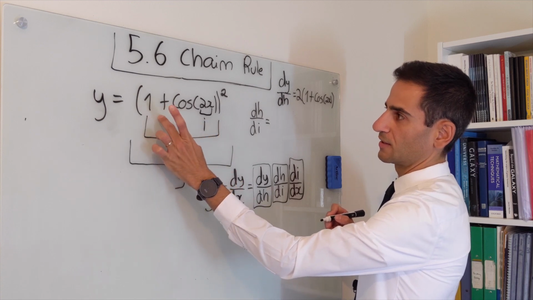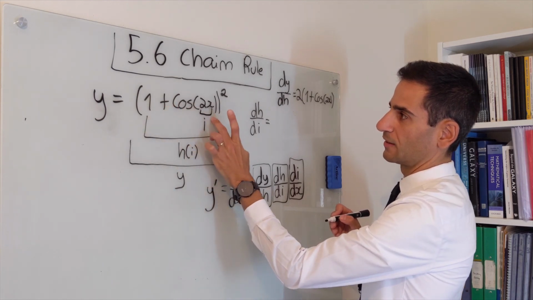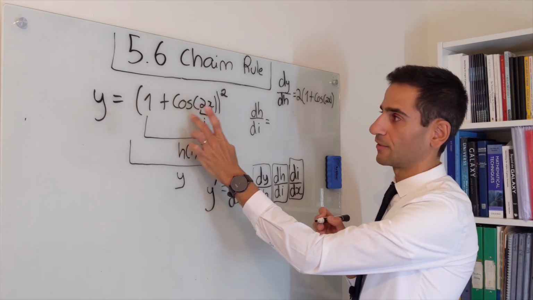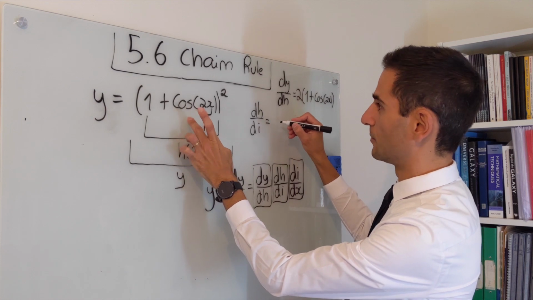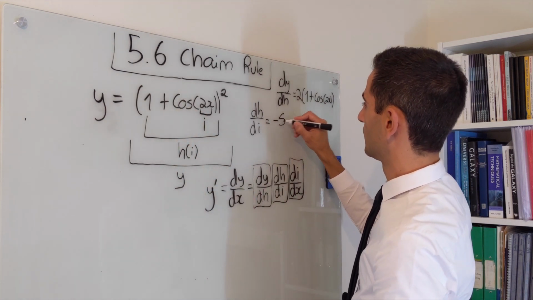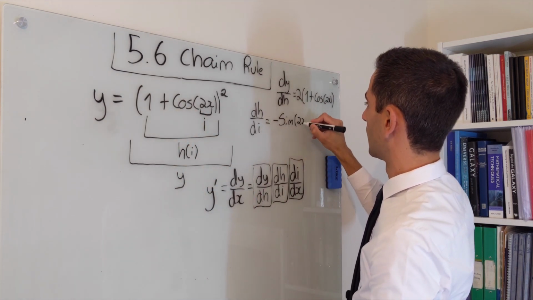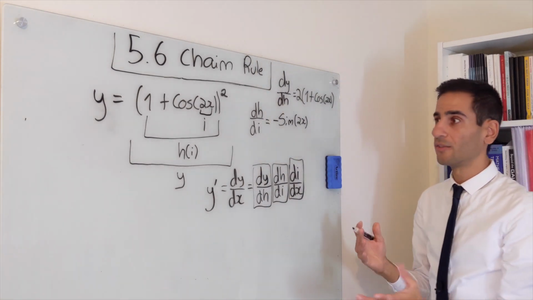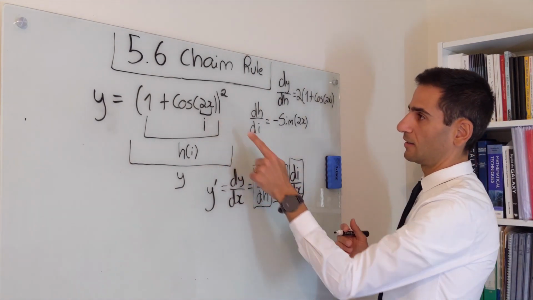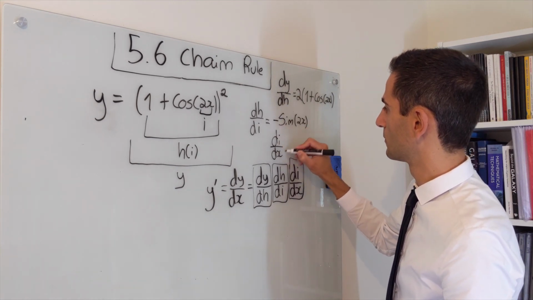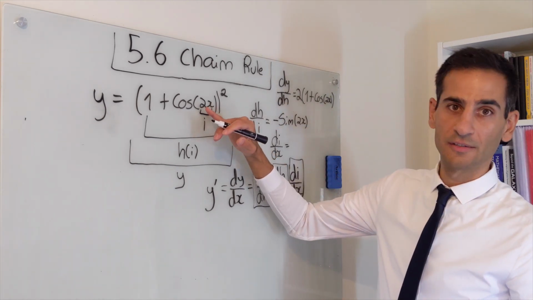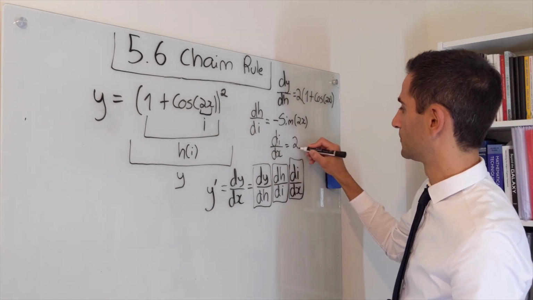In this case, this does not depend on i. This does, and the derivative of cos i is minus sine i. So it means we get minus sine of 2x. And finally, di/dx is the derivative of 2x, which is 2.